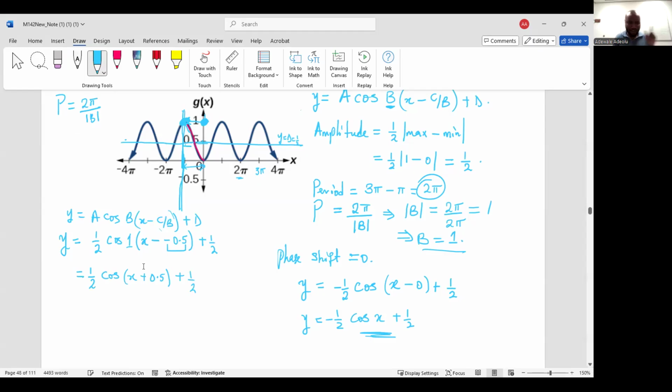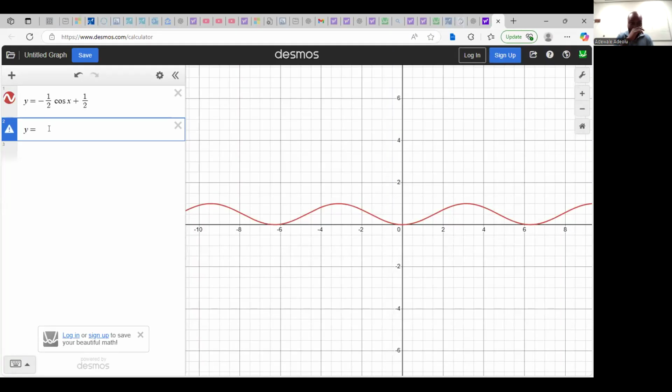Let us graph this in decimals and see, maybe we will have exactly the same answer. Okay, I will stop sharing this and go to my decimals. Y equals, in this case now, I consider positive cosine. I have a phase shift which is plus 1/2, I believe.